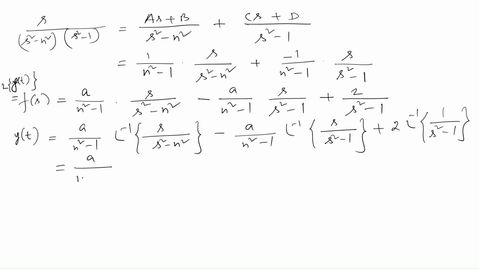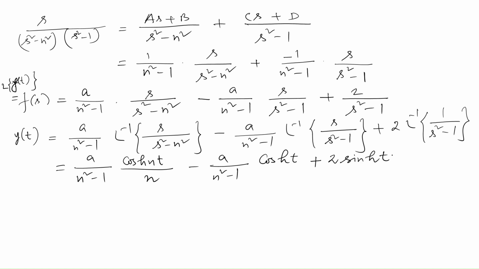Now the inverse Laplace transform of s by s square minus n square is cos hyperbolic nt by n square minus 1. The inverse Laplace transform of s by s square minus 1 is cos hyperbolic t, and twice the inverse Laplace transform of 1 by s square minus 1 is sine hyperbolic t.